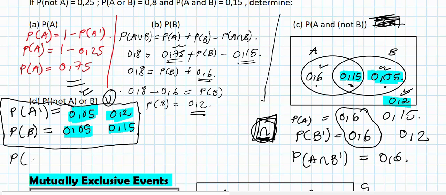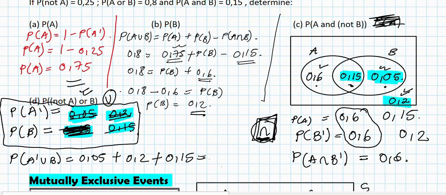So the probability of the complement of A union B is equal to, here's 0.05, sorry, plus the 0.2. So I'm saying 0.2 plus 0.5. I already counted that, so I'm going to skip that one. Plus the 0.15.